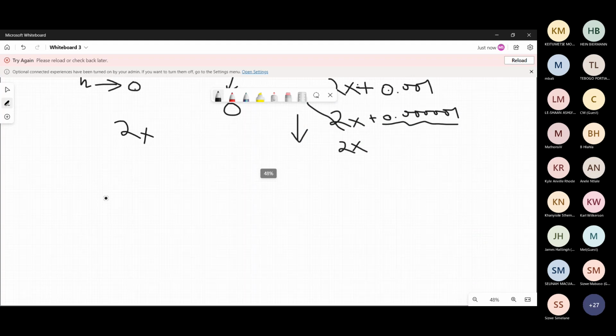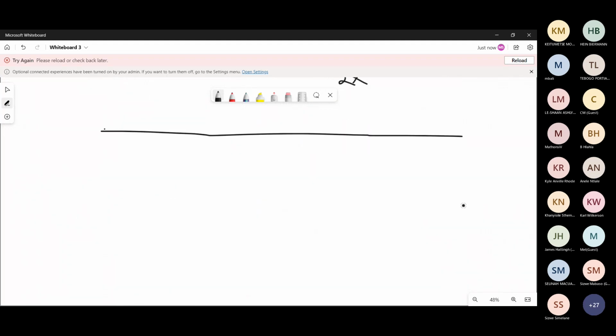But of course, for the derivative, we consider the case where that difference is very small.